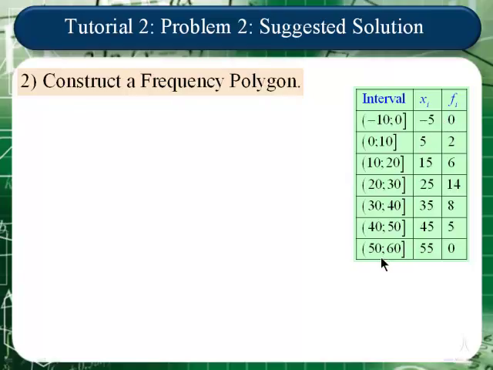And we also add an additional class at the end, ranging from 50 to 60, with a midpoint or class mark of 55, and to that we also allocate a frequency of 0 so that we can anchor the polygon on the right.